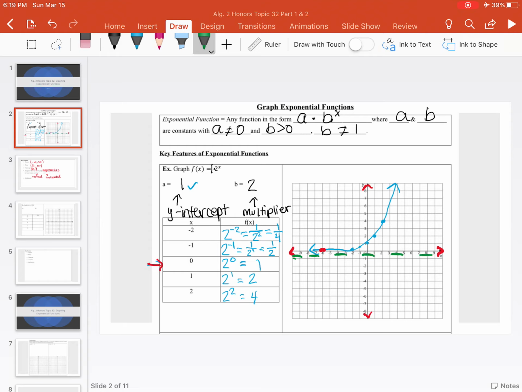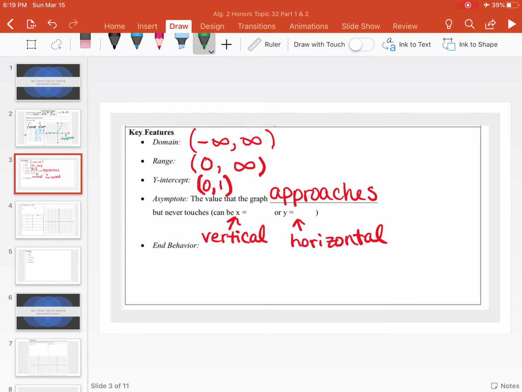And oftentimes, these asymptotes are identified by dashed lines. So this is our asymptote. And this is right at our x-axis. So we can say our x-axis, or if we want to identify it as an equation, which is preferred, this is going to be when y equals 0.